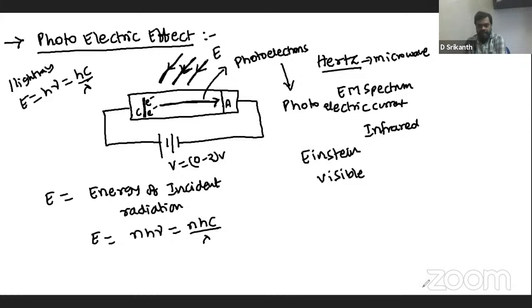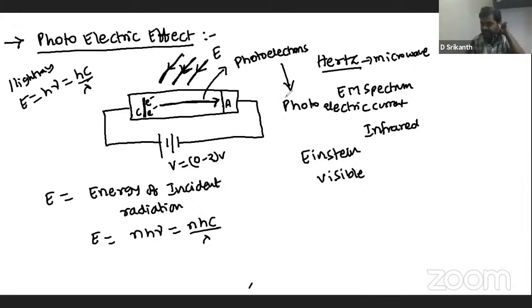This much light is incident on the metallic surface with energy E equal to n h c by lambda. Now, whenever the energy is incident, observe carefully.